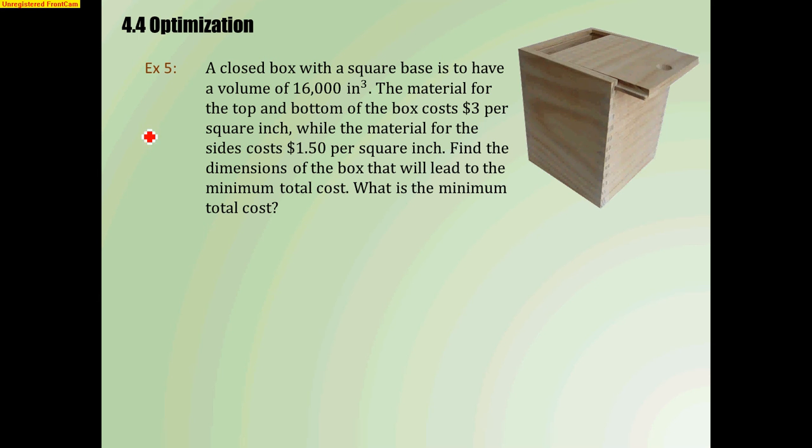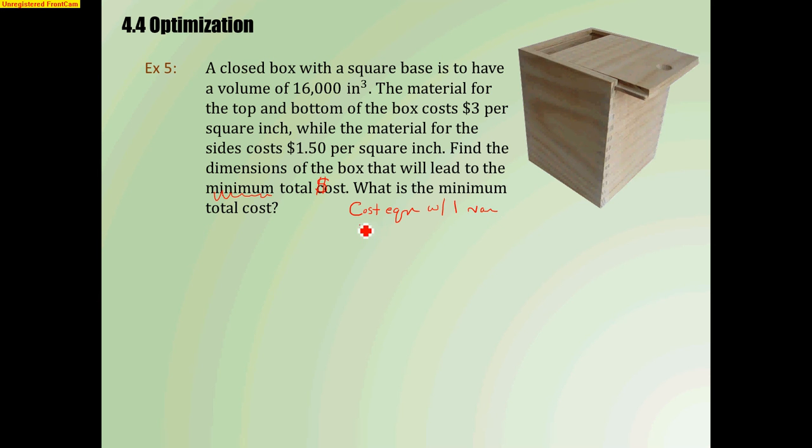But anyhow, let's do this closed box. As I read this, the material for the top and bottom, and the sides, I've got material cost, and a square base. Find the dimensions of the box that will lead to the minimum total cost. So what do I want to do? I want a cost equation with one variable.